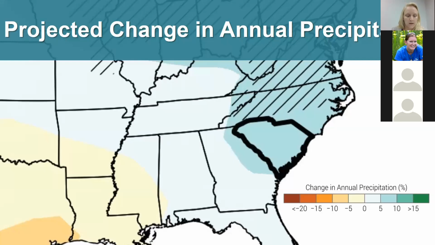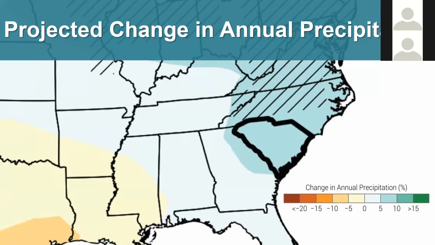So in South Carolina, climate projections don't necessarily expect our average annual rainfall to increase substantially. They are predicting it to be somewhere between 5 to 10%. And this average, of course, is made up of plenty of variations and extremes. And it's going to be important to consider the timing of this rainfall increase that we see and how it can compound with some of the water that we're seeing from the sea.